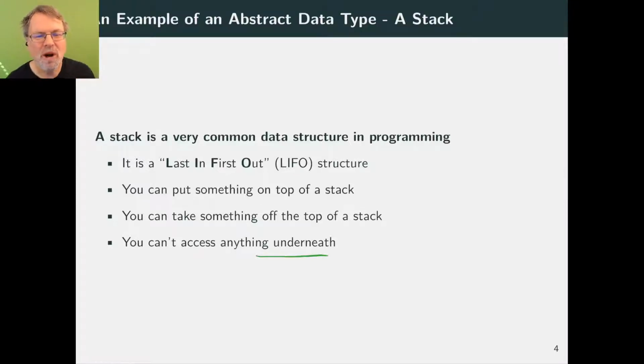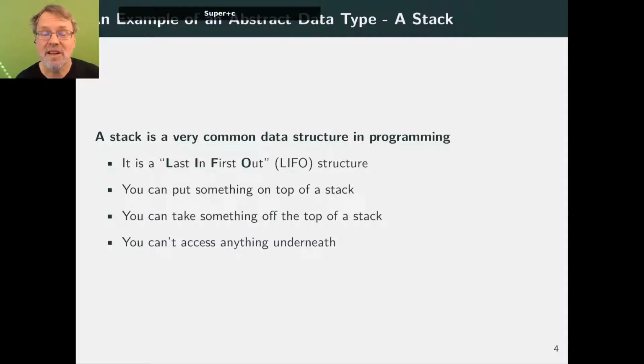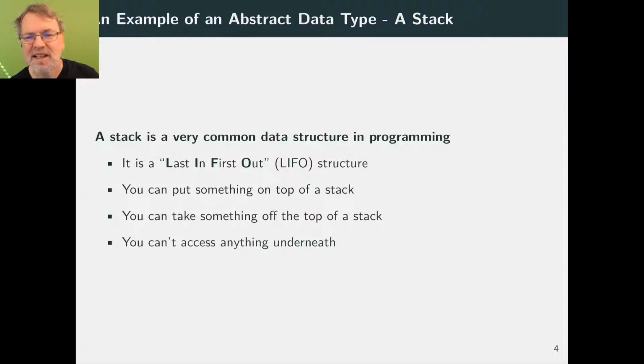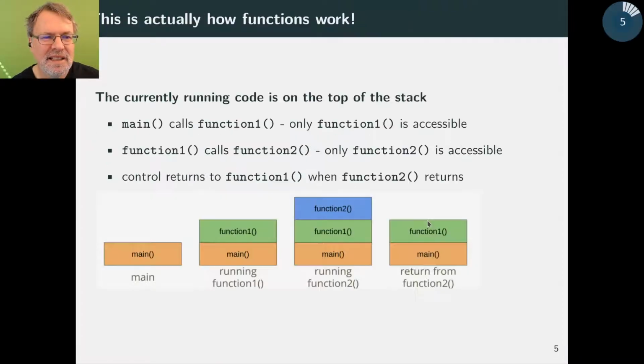You're saying, why would you have such a data structure? It's actually really useful. Probably just about the most useful data structure in computing. You've actually seen this data structure in your coding.